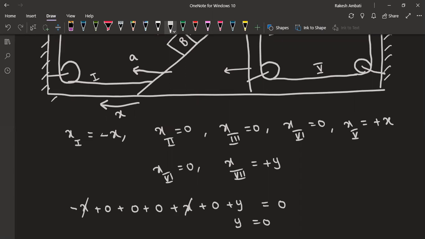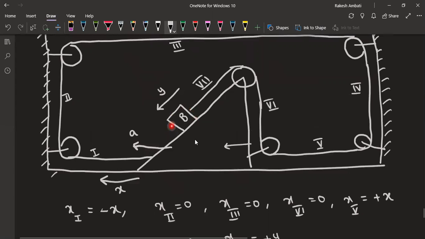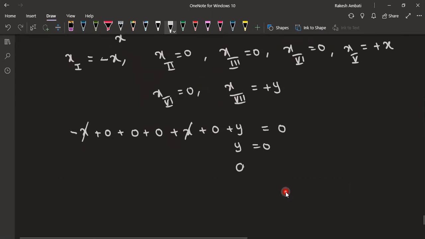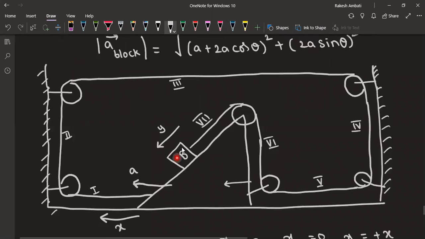If y equal to 0, then you do two times differentiation. That means the acceleration because of change in y is 0. That means this block has no acceleration in this direction. Why?